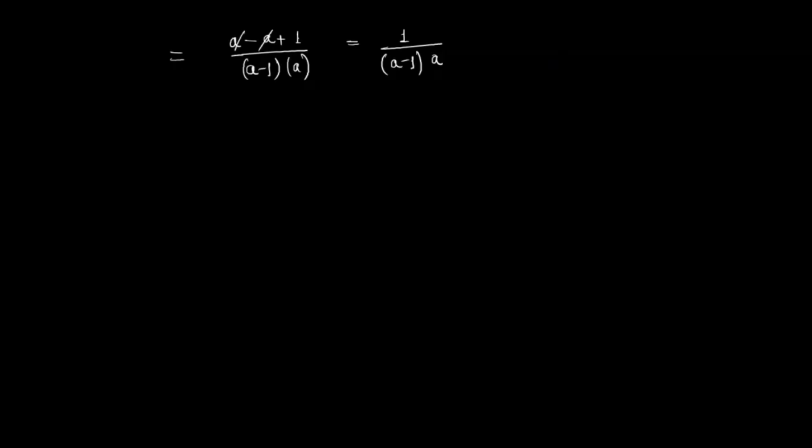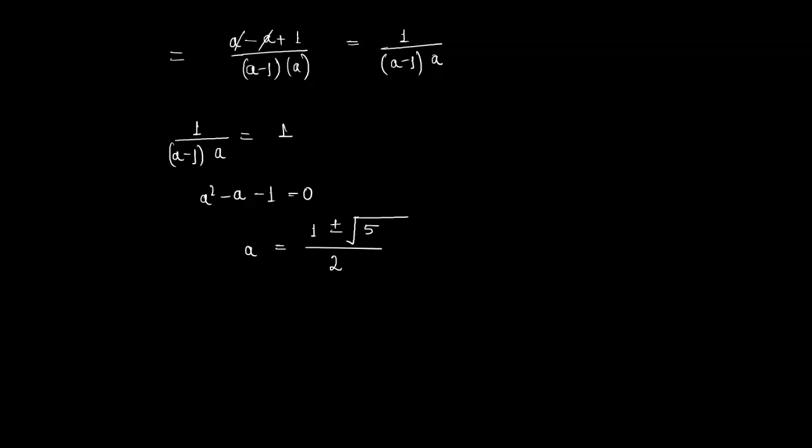Now I am coming to the RHS part. If I equate the RHS part, then there will be 1 upon (a minus 1) into a is equal to 1. So a square minus a minus 1 is equal to 0. After applying Sridharacharya's formula, we will have 1 plus minus under root b square minus 4ac, which will be root 5, divided by 2.